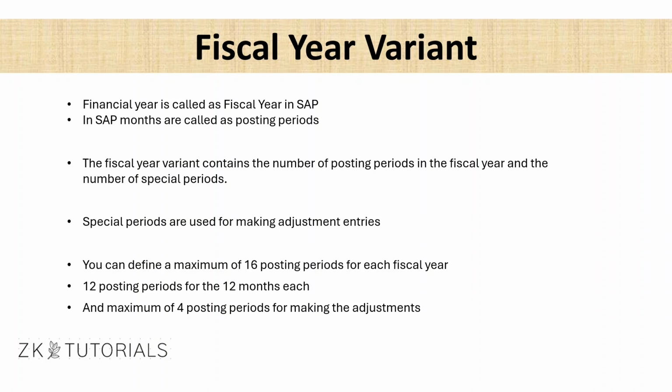Special periods are used for making adjustment entries. You can define a maximum of 16 posting periods for each fiscal year, 12 posting periods for the 12 months each, and maximum of 4 posting periods for making the adjustments.